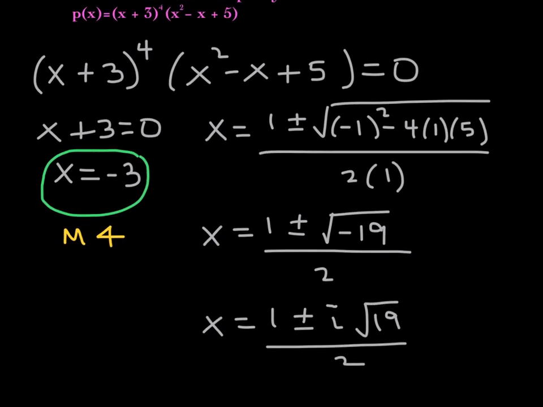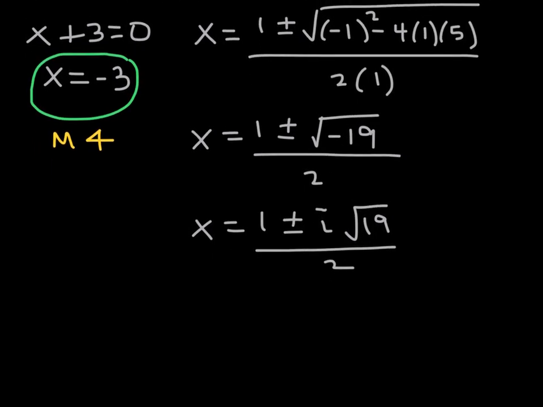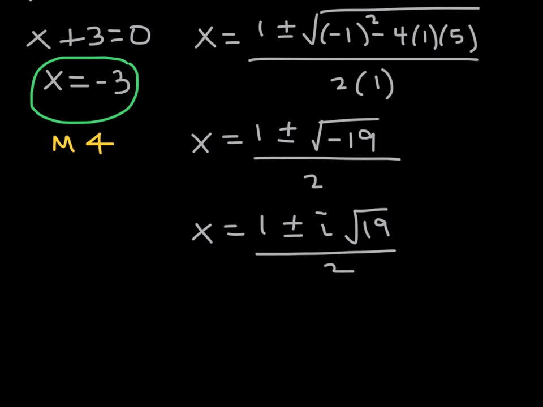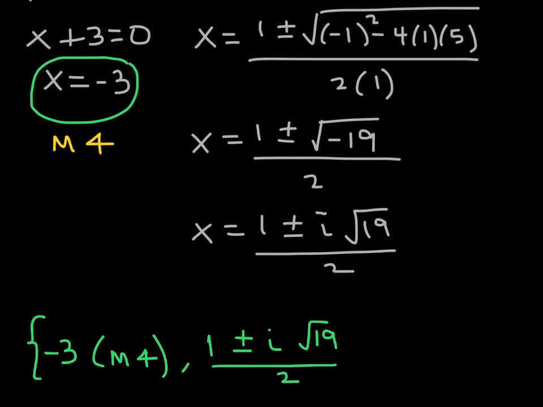All right, so our final solution set will be written like this. So it'll be -3, and this is multiplicity 4, right? And then it'll be 1 plus or minus i root 19 all over 2. And I'm going to put multiplicity 1. This is not multiplicity 2. These are two different zeros.